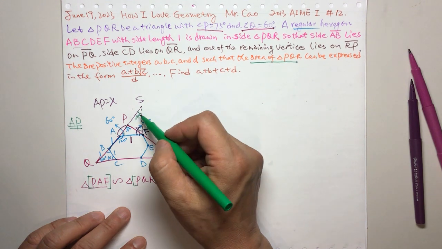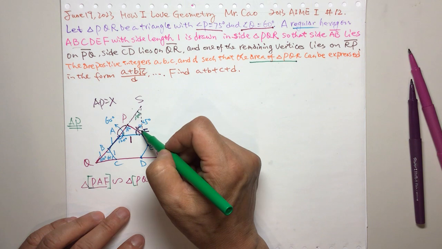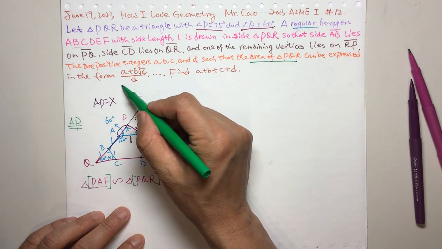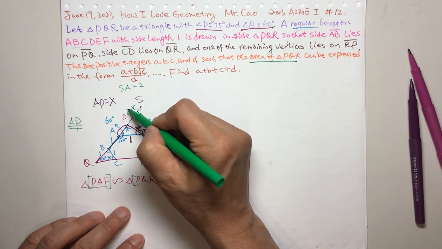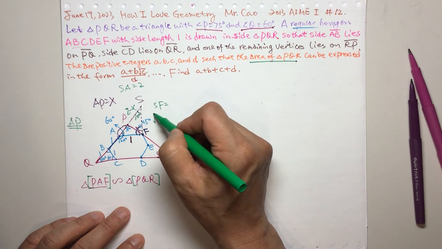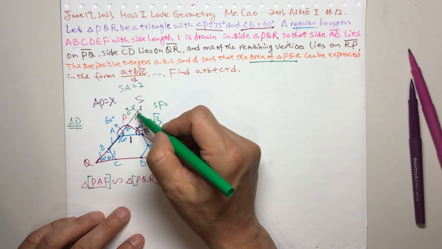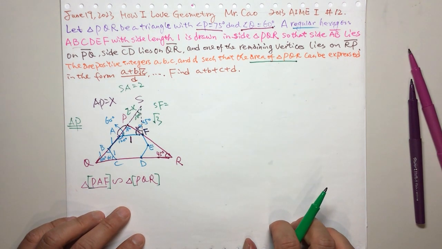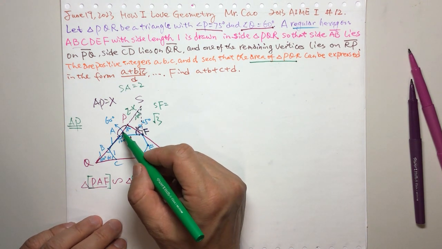Now we have the 30-60-90 special right triangle. If this is 1, the total of SA will be 2. So PS will be 2 minus x. And SF will equal square root of 3, because the side ratio of the triangle is 1, square root of 3, and 2. Now we can use the angle bisector theorem to find x.